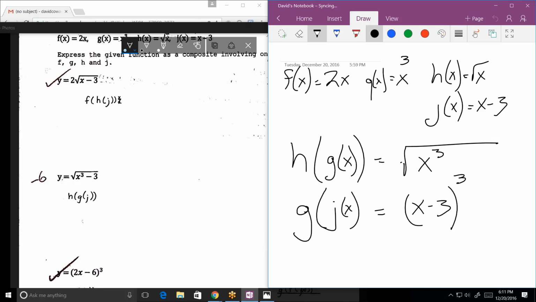In other words, x minus 3 quantity cubed is a lot different than x cubed minus 3. This ends up being x cubed minus 6x plus 9, so this isn't really helping us get any closer to the answer.